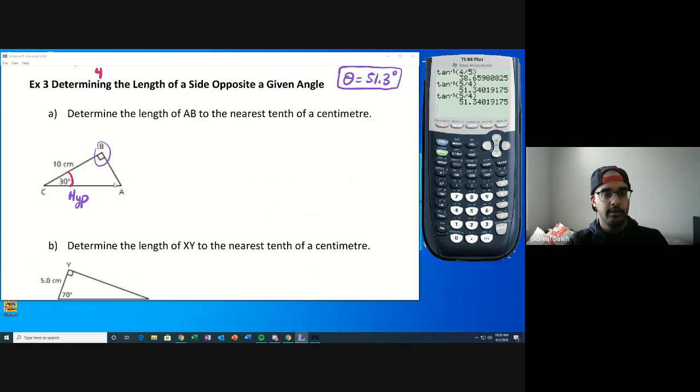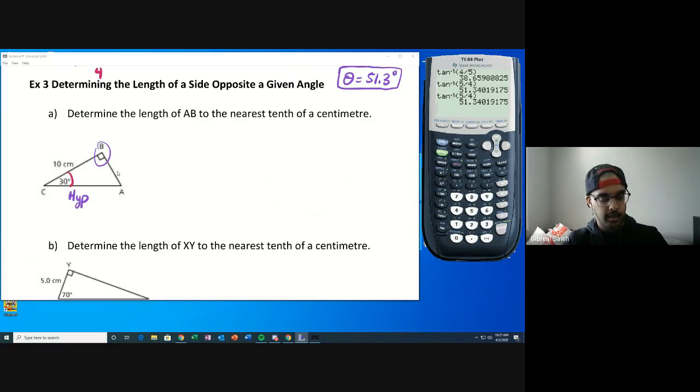I could find the other angle in here, use 60 as my reference point, and switch the fraction around. It's perfectly okay to do that. The issue is if you subtract incorrectly from 180 and this angle's wrong, everything else you do is also wrong. So it's good practice to use the information they give you in the question. So let's use the 30 to do this.